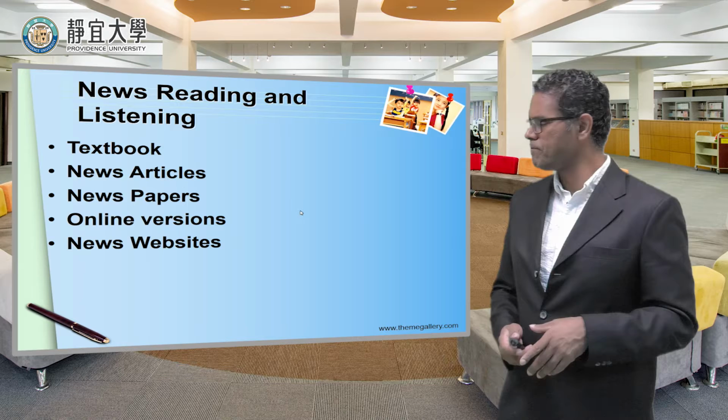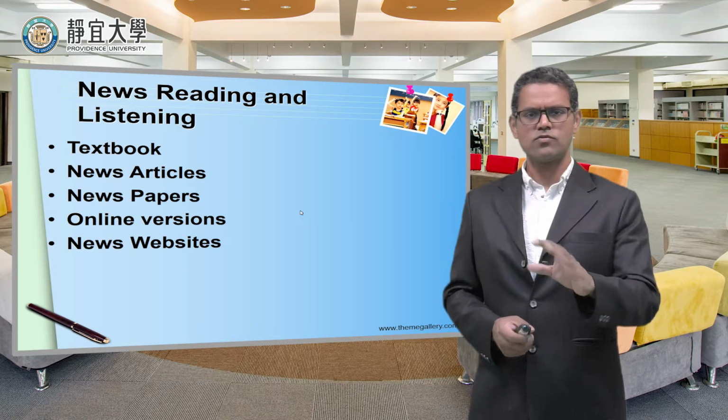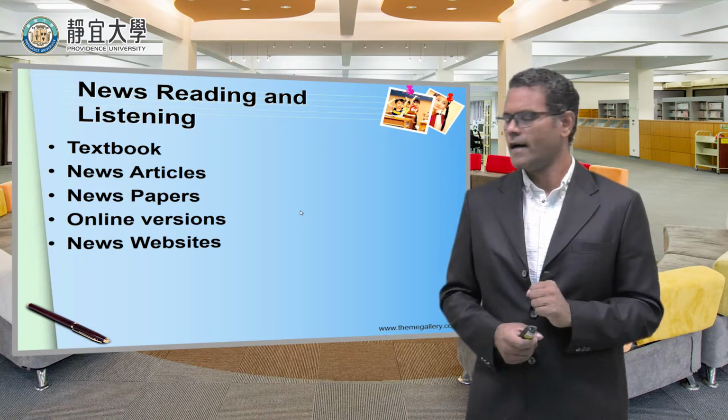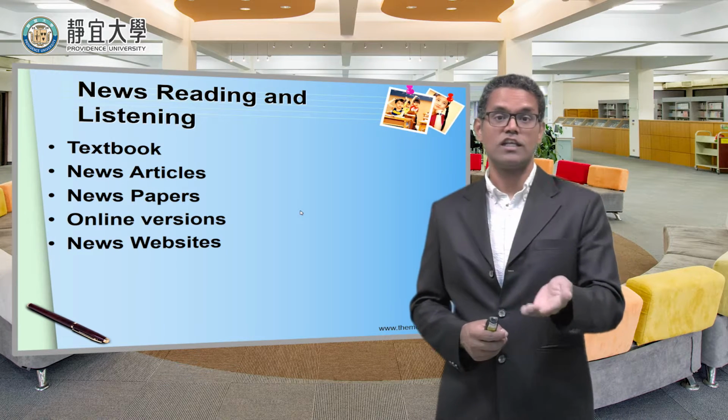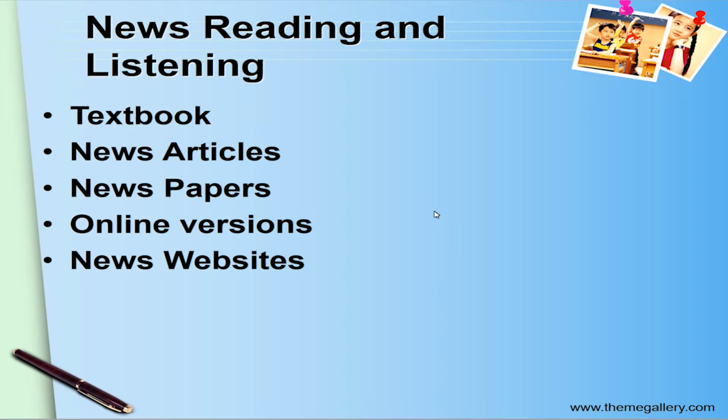So these are the overall learning objectives. Now, about news reading and listening, what kind of methods or materials would we use in class? The first one is a textbook. We do have a textbook, but it's a small textbook. It has news articles, and I will show you the textbook later.